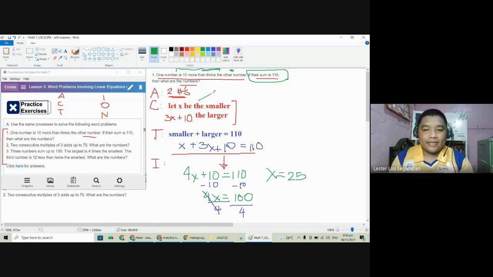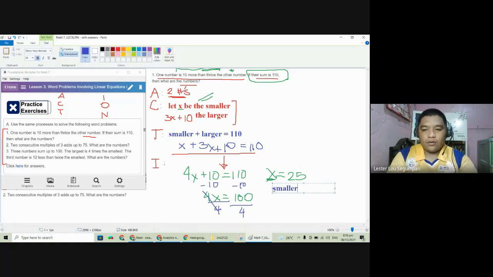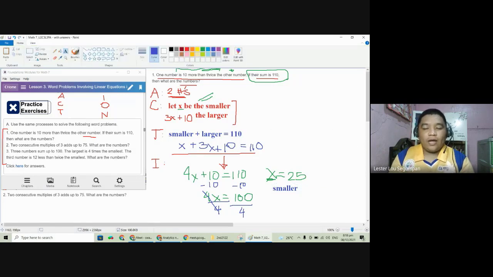Going back to the second step, we have coined there earlier that x here is the representation for the smaller number. So we do expect that the value for x, which is 25, is your smaller number.